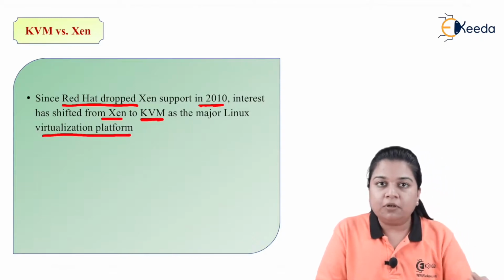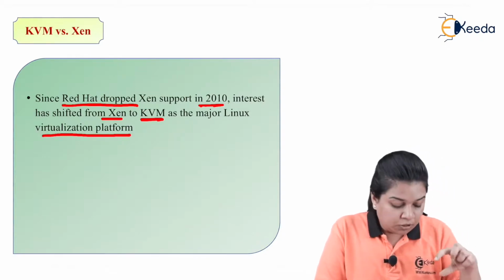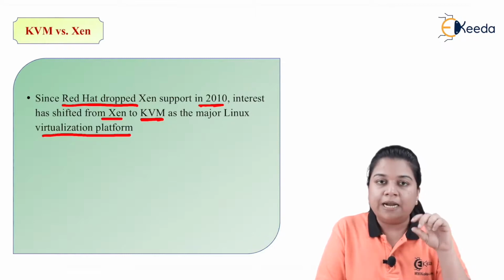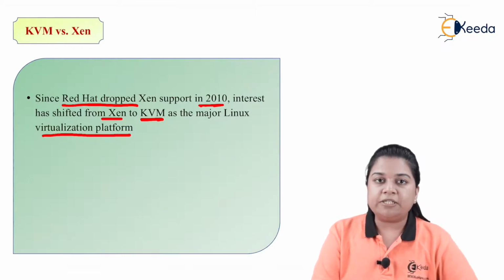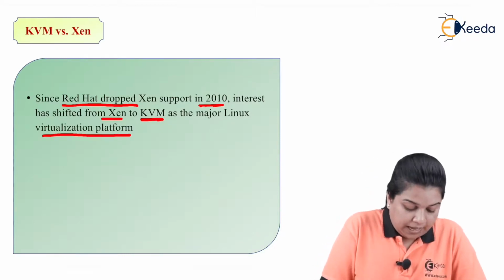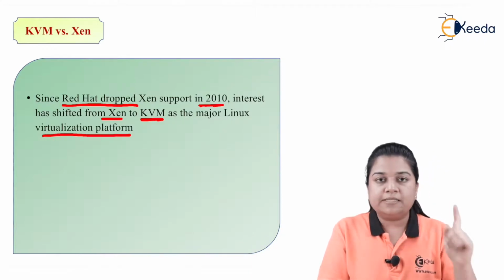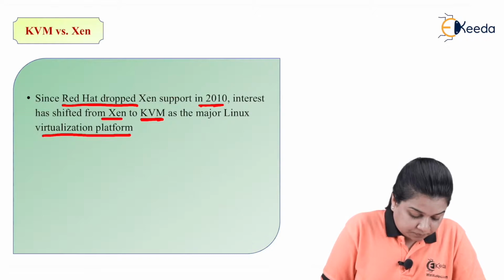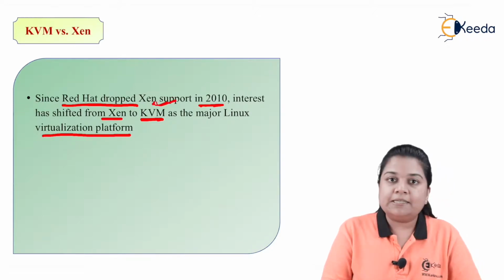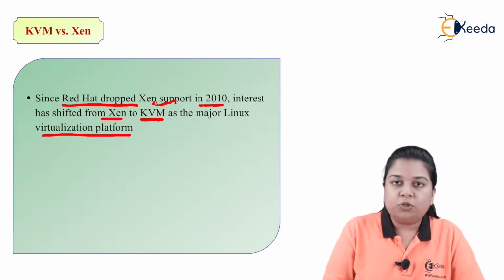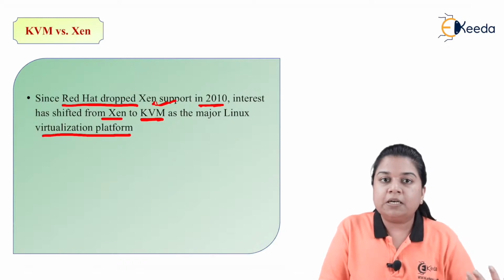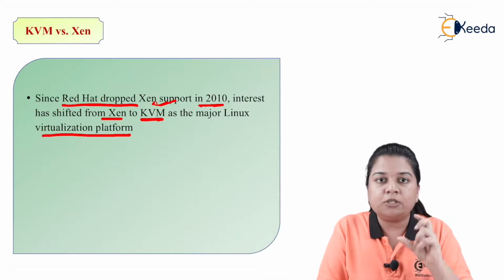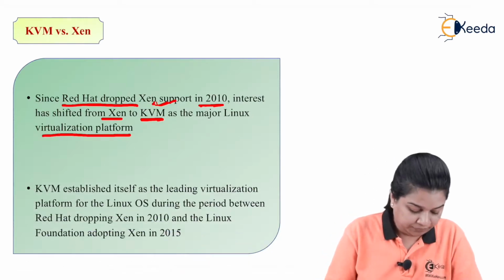We have learned about KVM before. As we all know, Red Hat, which provides Linux, has shifted its interest from Xen to KVM since 2010. Thus, KVM acts as the major Linux virtualization platform, as it is the kernel-based virtual machine in Linux operating systems.